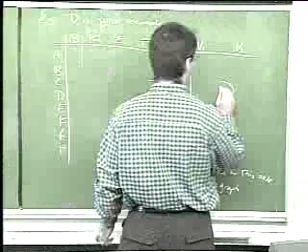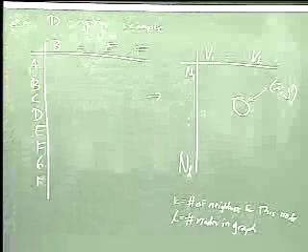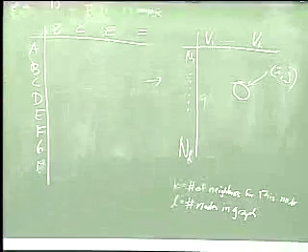And let's talk about this entry here. Let's call this entry i comma j. The i comma jth entry in the table, right? Row i, column j.